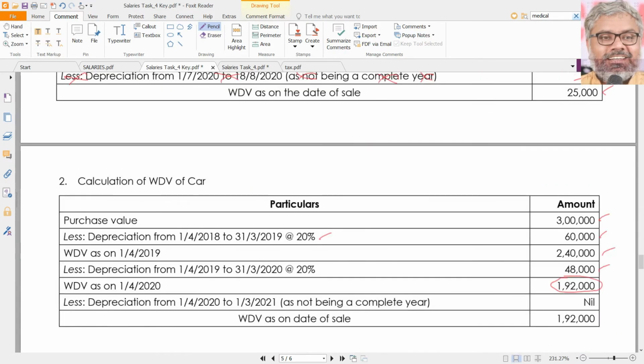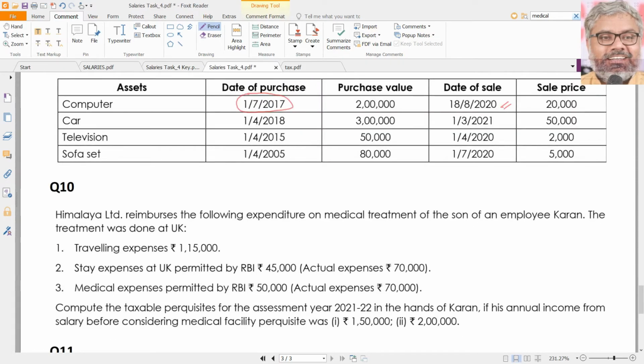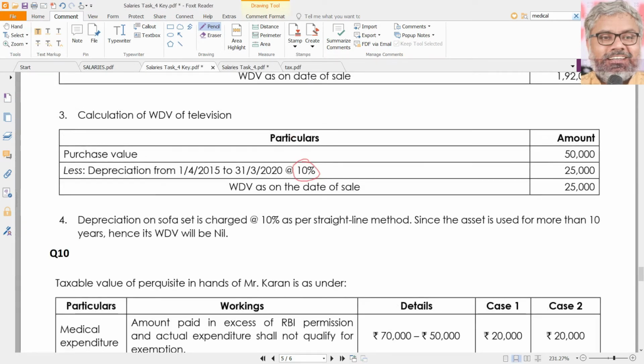Like that, for any other asset, straight line method depreciation has to be done at the rate of 10% for each year. So how many years have passed, that you can calculate. When this asset was originally purchased, 1/4/2015. So from 15/16, 16/17, 17/18, 18/19, 19/20, right?